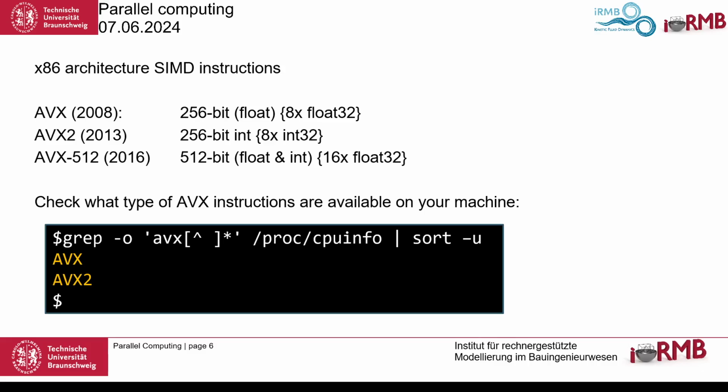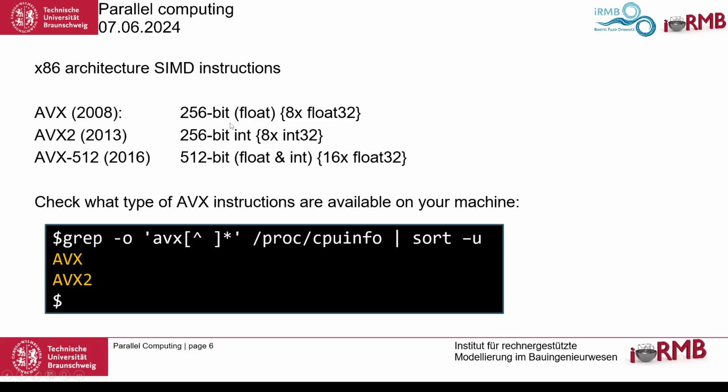So the early versions of this was called MMX, and then the ones that we are now more interested in, because we are going to use them today, is the AVX extensions that were introduced first in 2008 for floating point operations.